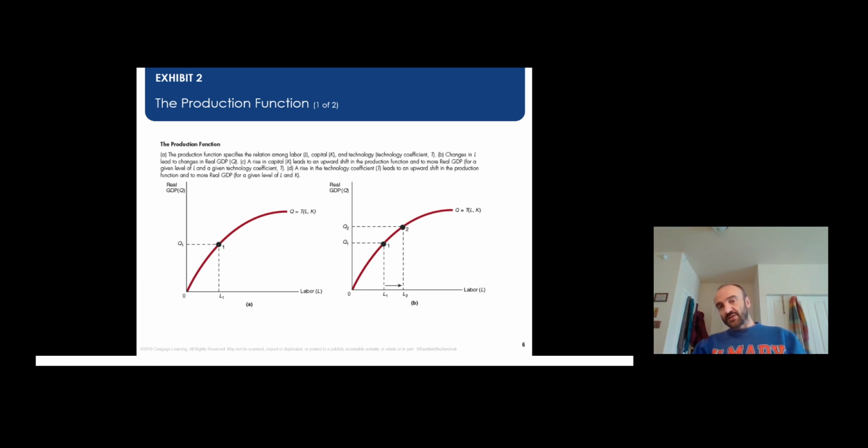If you keep increasing your variable factor, the quantity of which you can change, beyond a certain point, you will get less and less output out of that combination. So returns will start diminishing.